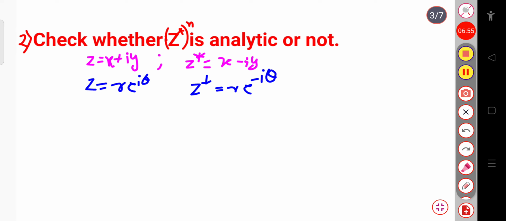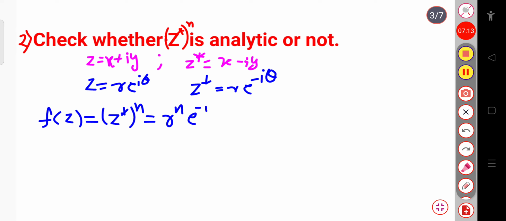Now if we solve for f of z equal to z star, whole power n, we can write this as r power n exponential minus i n theta. To solve for exponential minus i n theta, we put in Euler's formula.